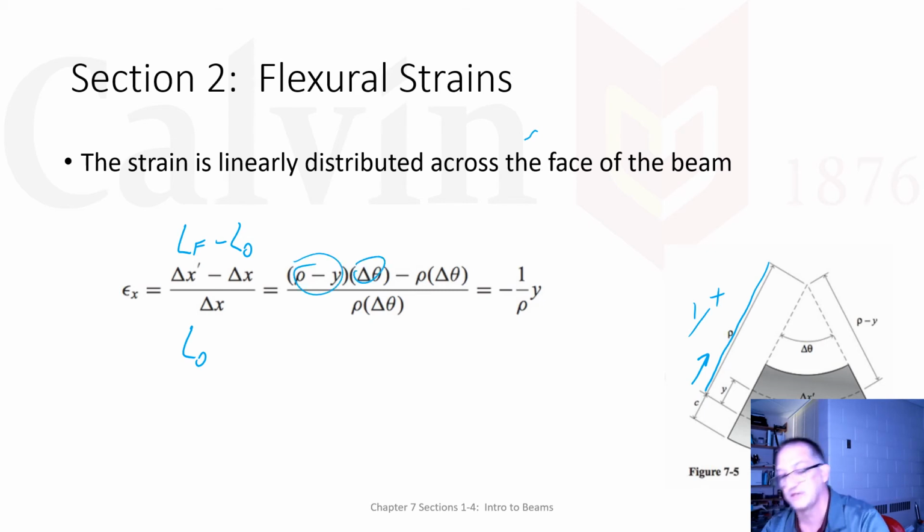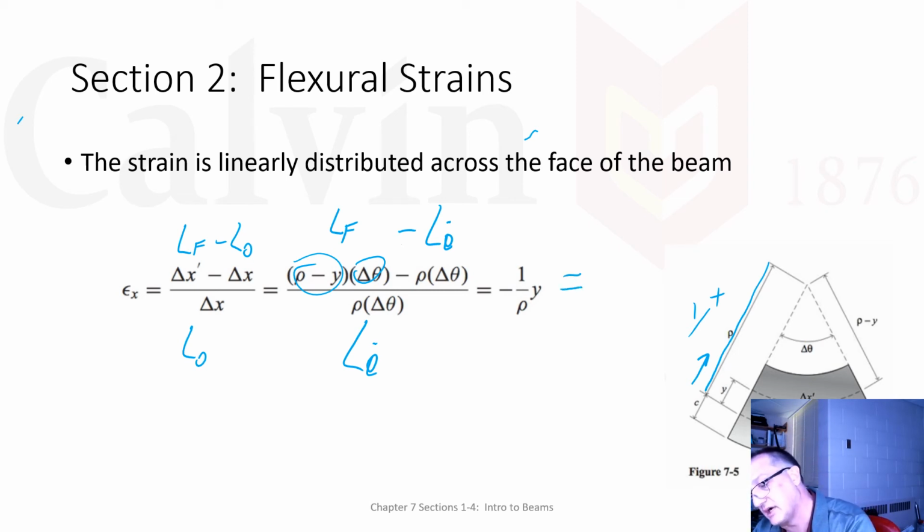And then the length of that segment, multiply it by the angle. That's my length final. And then minus length initial divided by length initial, or length original. I should be consistent on that. Length original. And when I do all the simplification, then I get this over on the end: minus 1 over rho times y is equal to my strain in the x direction.